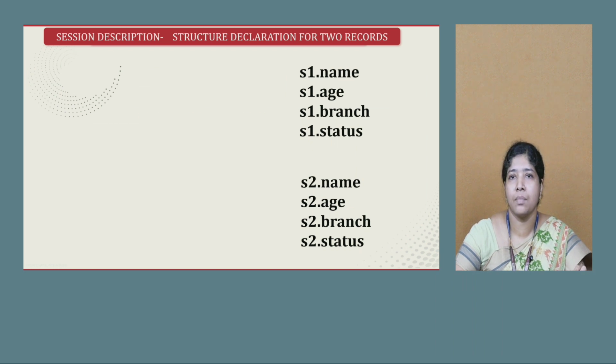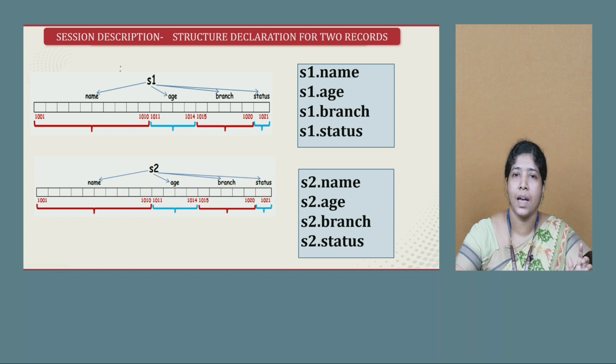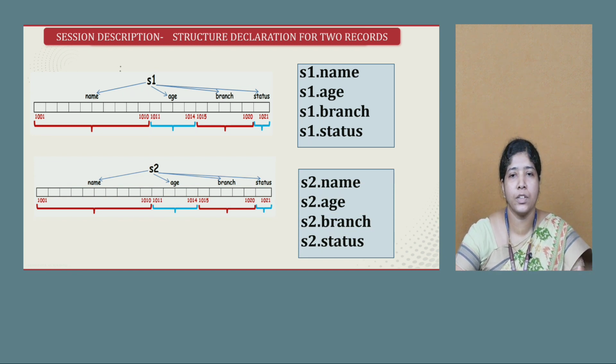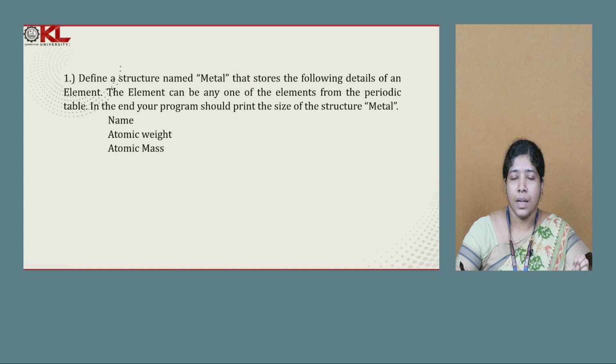We can access them with S1.name, S1.age, S1.branch, S1.status and S2.name, S2.age, S2.branch and S2.status. So we can declare in two ways. At the same time, n number of records can also be done.